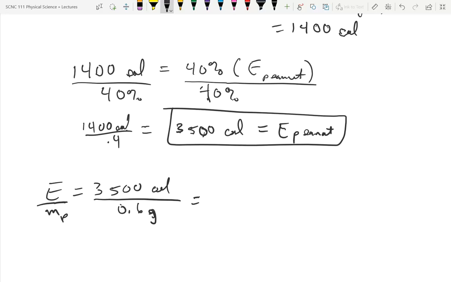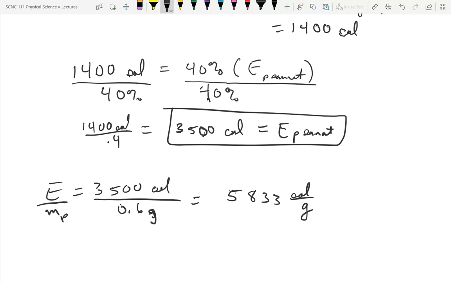So 3,500 divided by 0.6 grams is equal to something that's close to but not equal to 5,800. 5,833.3.